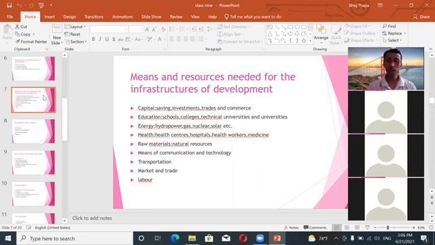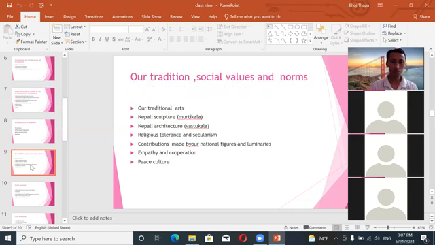For example, to build roads, we need good human resources, technology, engineers, and different vehicles: tractor, dozer, excavator. There are so many such things which are very important to develop the infrastructure of development. If you have the book, you can read these things there.